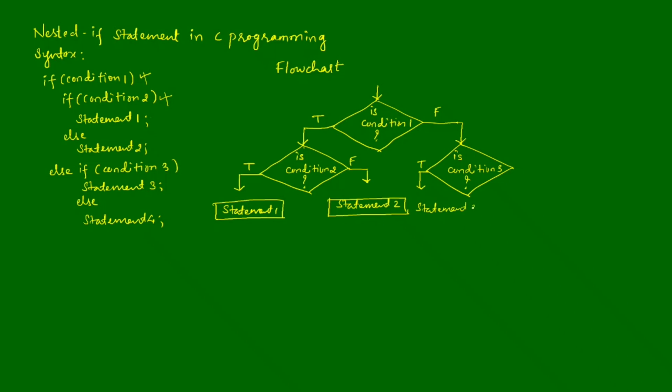I'm going to write here statement 3 and put it in a rectangular box. What is going to happen if condition 3 is false? It is going to return statement number 4. Here I'm going to write if it is false, then statement 4 will get executed, and put this one also in a rectangular box.